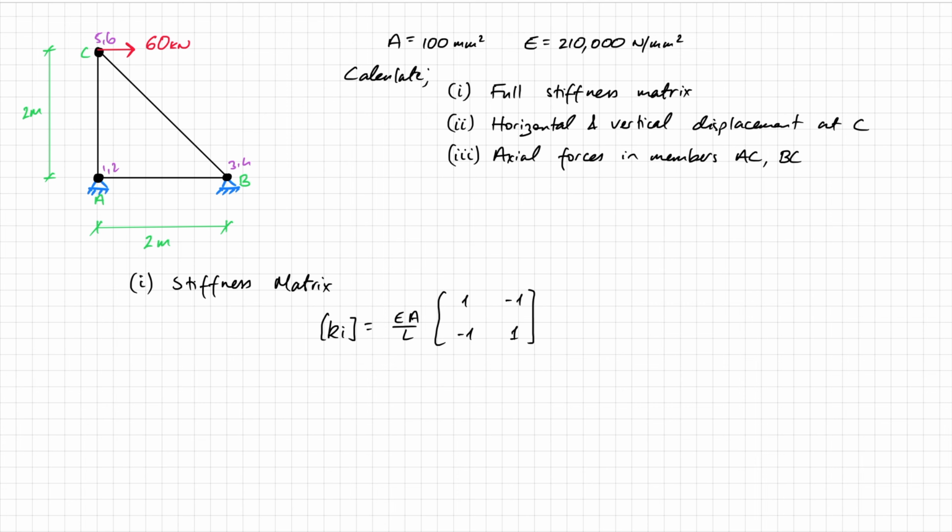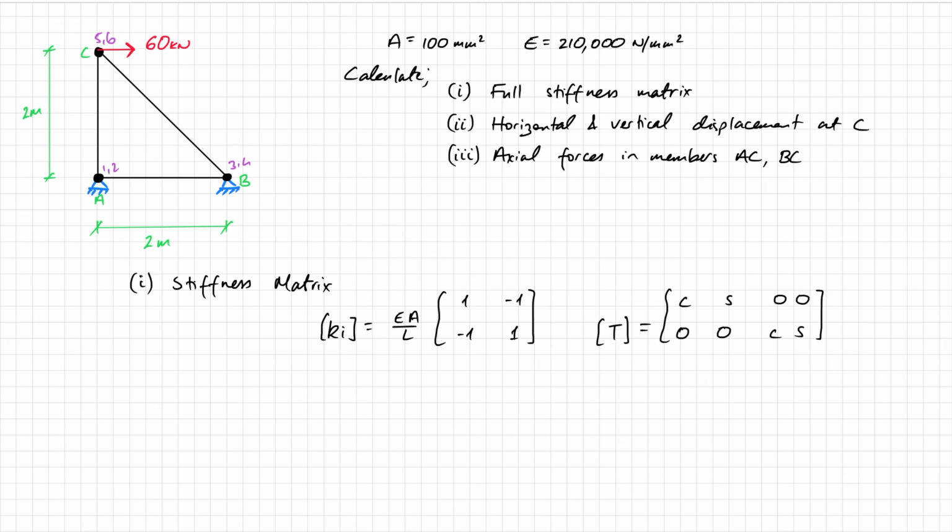There's also a transformation matrix, and that happens when we need to transform the coordinates from a local system to a global system. And we can see here that there are 2 elements, BC and AC, whose local coordinate system does not match the global coordinate system. So we'll definitely need that. And that transformation matrix was [C, S, 0, 0; 0, 0, C, S]. Again, exactly how to develop that, you can go back to lecture 5 and have a look.